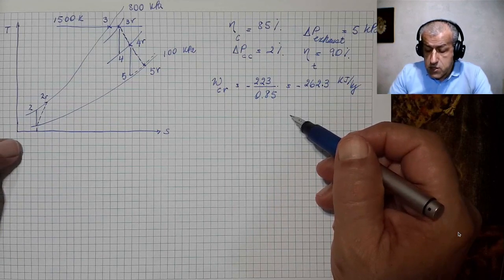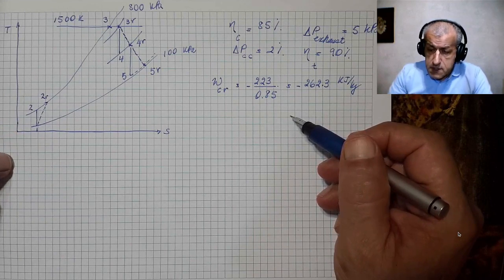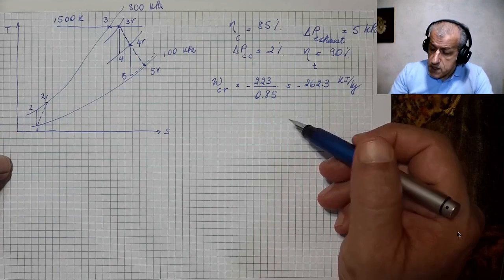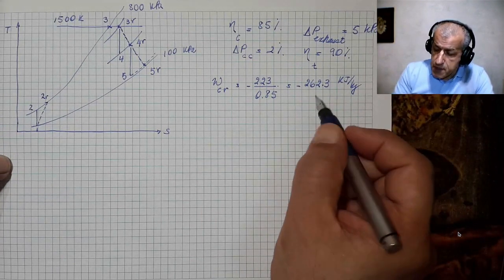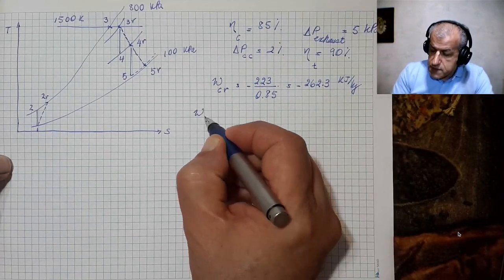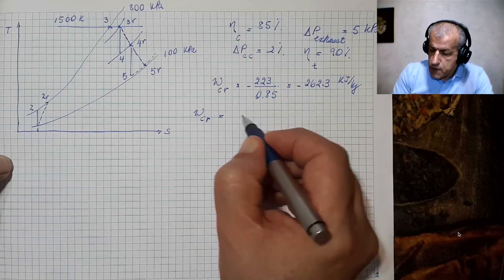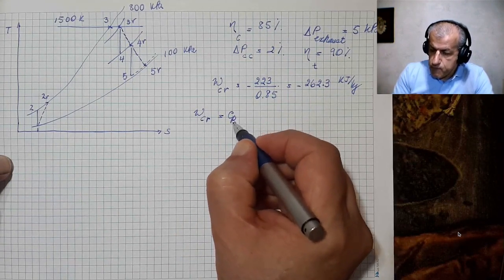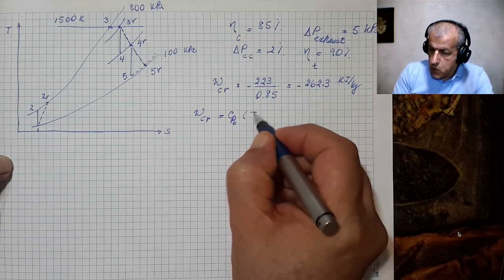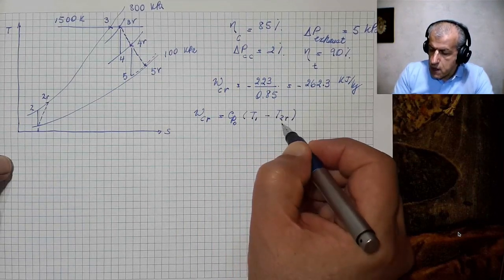compressor. Now the question is, what would the temperature be at compressor exit now that you are calculating the real compressor? This WCR would equal Cp0 times T1 minus T2R.